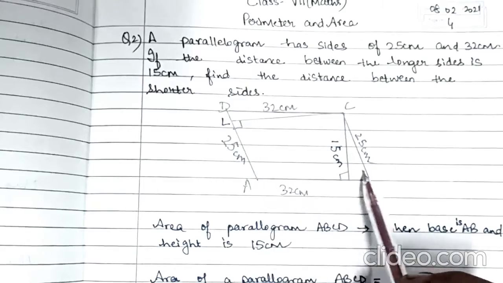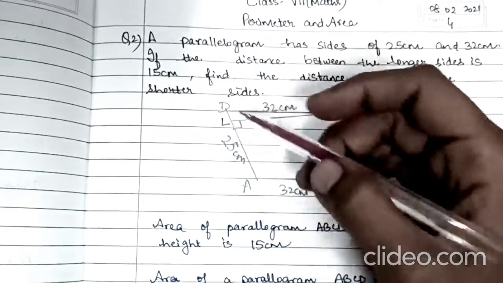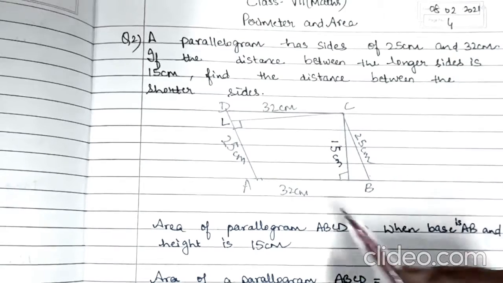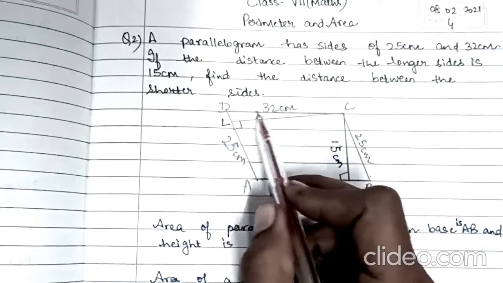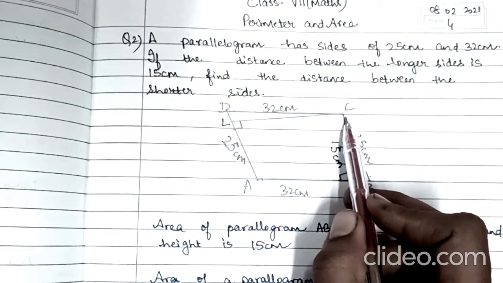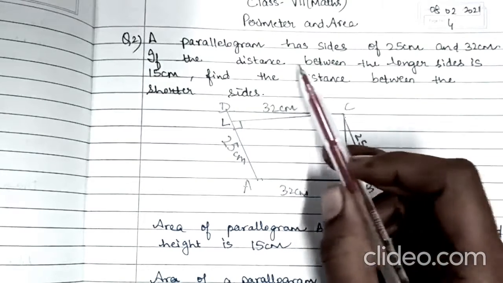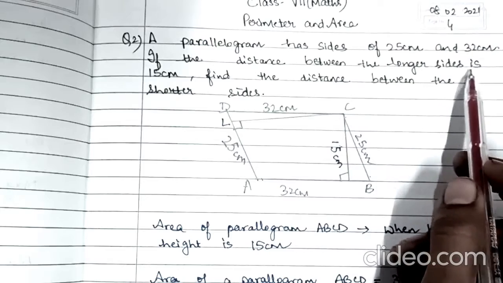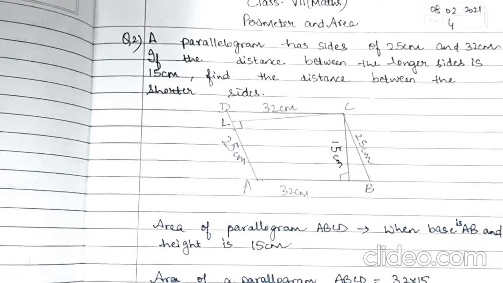Let us draw a parallelogram. One side is 25 centimeter and other pair of sides is 32 centimeter. If the distance between the longer sides is 15 centimeter.